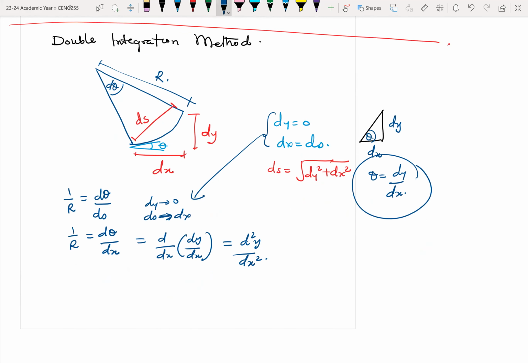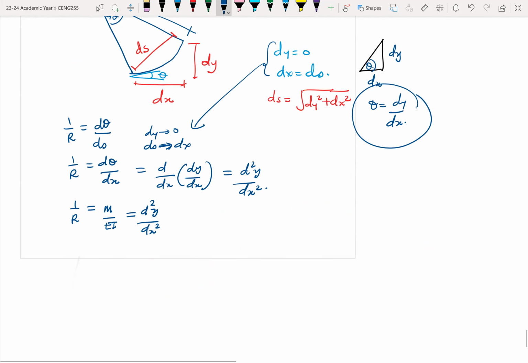And again, 1 over r is equal to M over EI. So this is the same as d squared y over dx squared, that's like double differentiation.